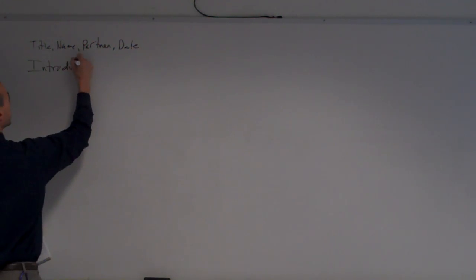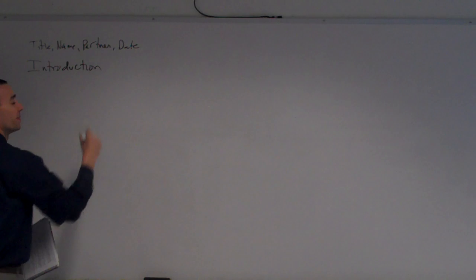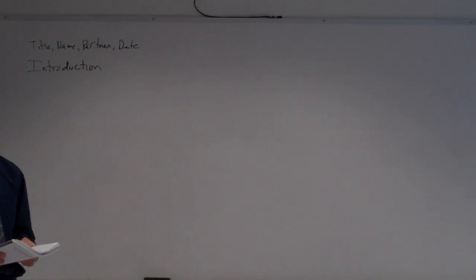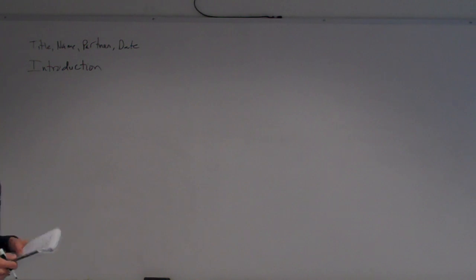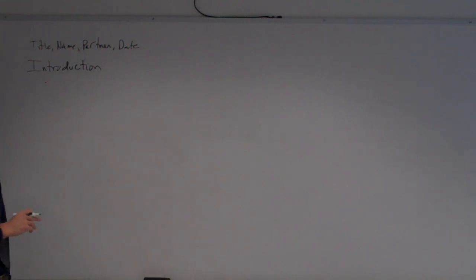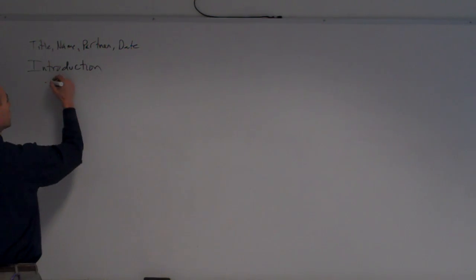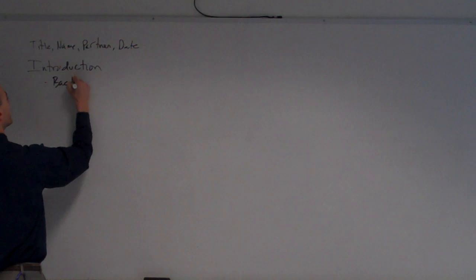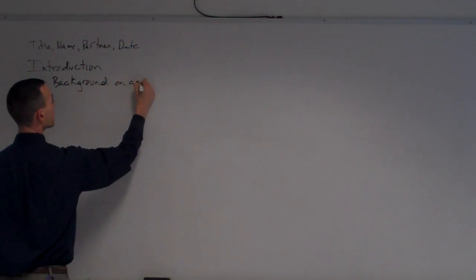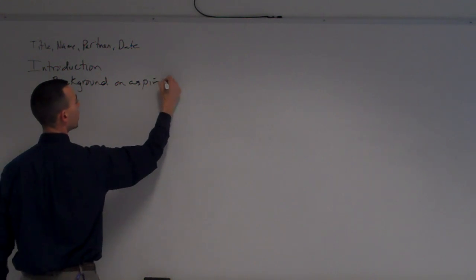But you need a nice introduction for this experiment. 3 weeks worth of work, certainly worth spending a few minutes time setting the stage, okay, for why this was important work and what we did. Aspirin is one of the most commonly used medicines in the world. So let's get a little background information on it. It is not hard to go out and find some easy information on aspirin.